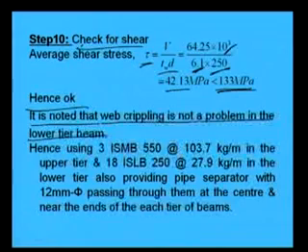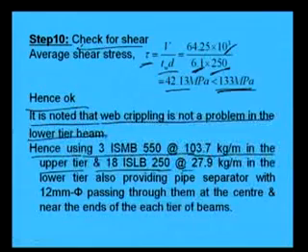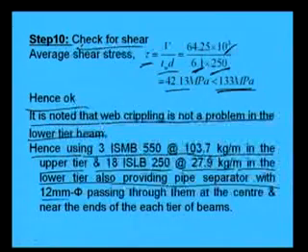So we can use 3 ISMB 550 at 103.7 kg per meter in the upper tier and 18 ISLB 250 at 27.9 kg per meter in the lower tier, and also provide pipe separators with 12 mm phi passing through them at the center and near the ends of each tier of beams.